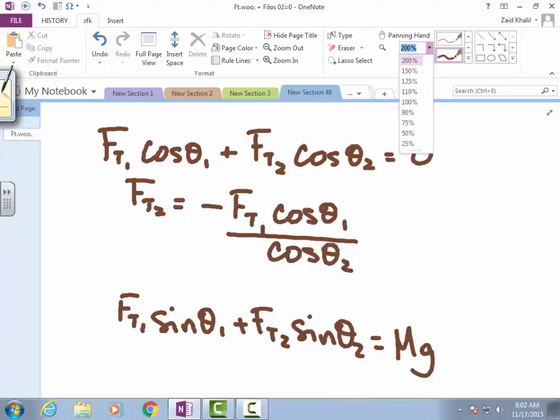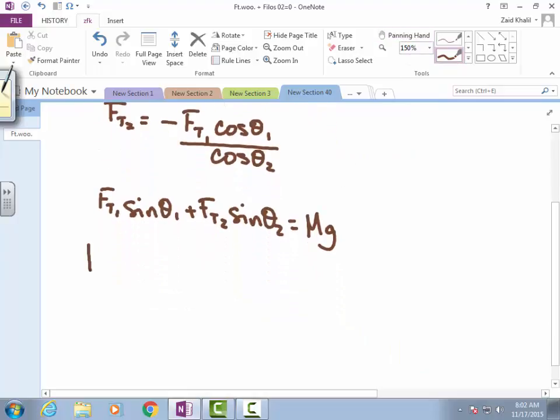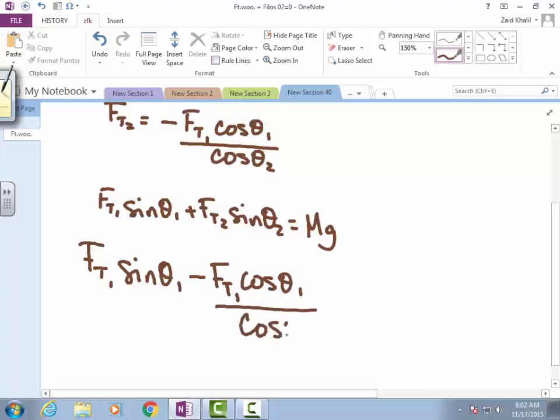Plug it in. So you get ft1 sine theta 1 minus ft1 cosine theta 1 over cosine theta 2 sine of theta 2 equals mg. Now what? Common denominator.